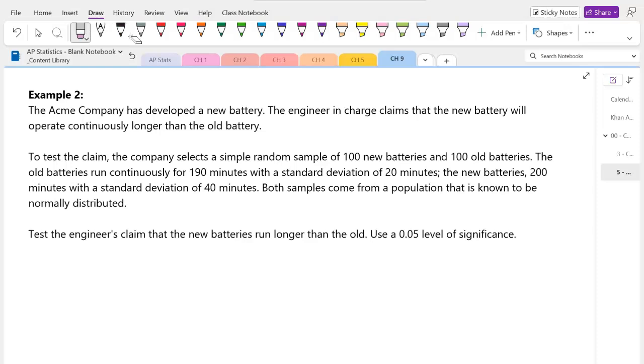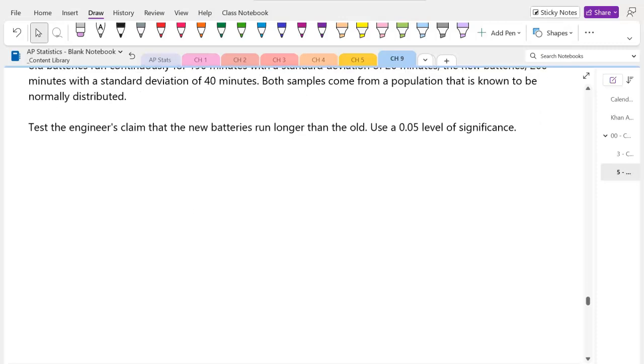So we're going to go ahead and use that when we have our conditions. To start with, we are going to test the engineer's claim that the new batteries run longer than the old, using a 0.05 level of significance. So we can go ahead and come up with our null hypothesis, where these are equal to each other.